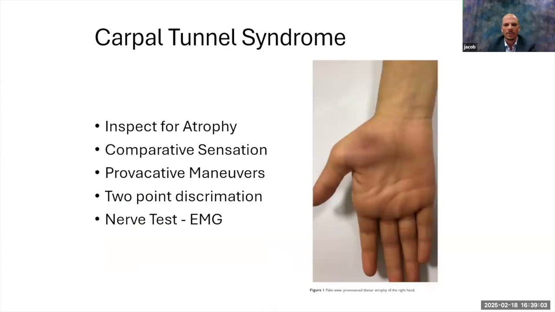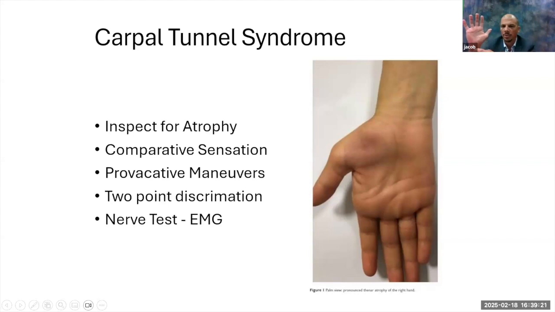When I see people for carpal tunnel syndrome, the first thing I do for any diagnosis really is looking at their hand. Just what do I see when I look at their hand? And having looked at thousands and thousands of hands, you start to notice the difference. The thing for carpal tunnel is people will start to have atrophy or the loss of muscle here at the base of their thumb.